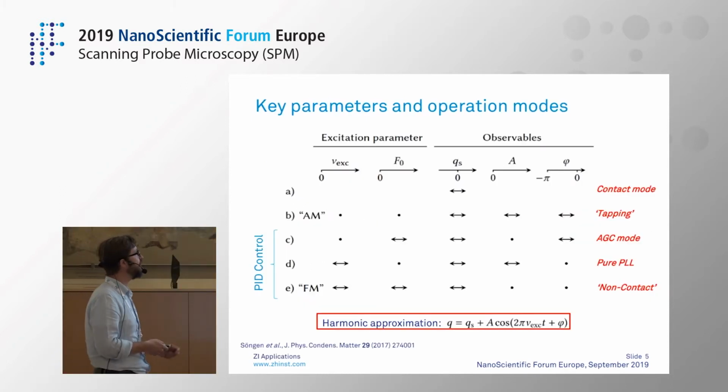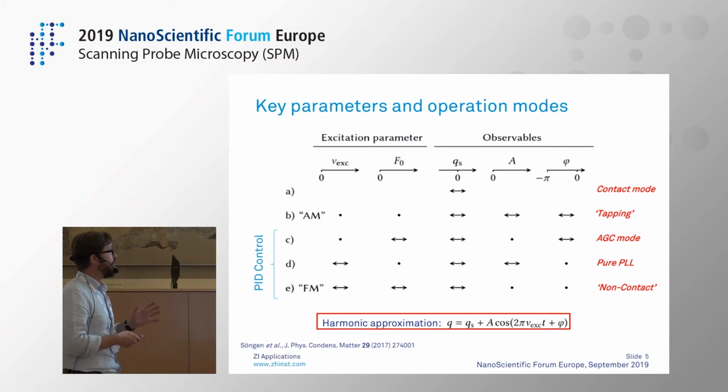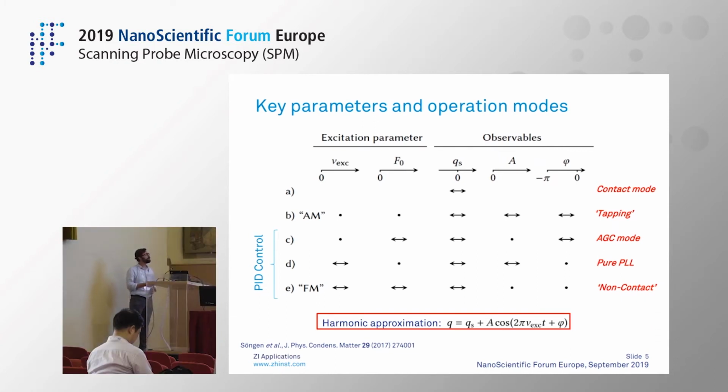Because it is well behaved, it's also not so difficult to get the math out of this. You can derive three basic AFM equations, which have been nicely summarized in a paper from Hagen Söngen in Angelika Kühnle's group.